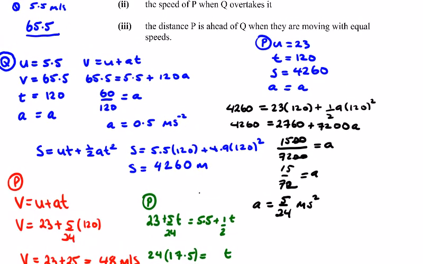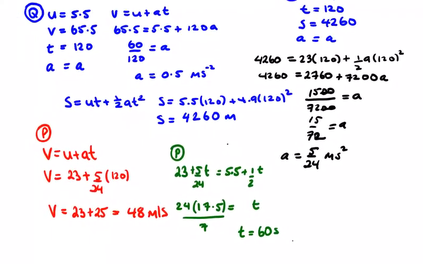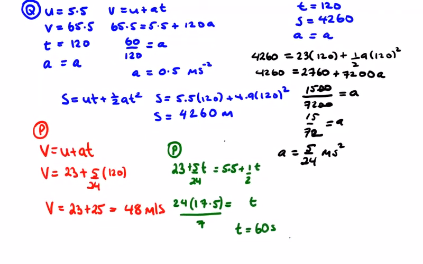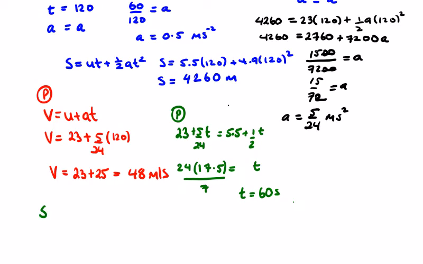And we're looking for the distance P is ahead of Q. So we need to get both our distances now to find out how far one is ahead of the other. So my distance for P, ut, 23 by 60 plus a half times a, which was the 5 over 24, times 60 squared.